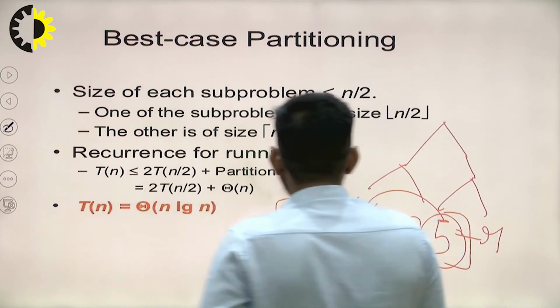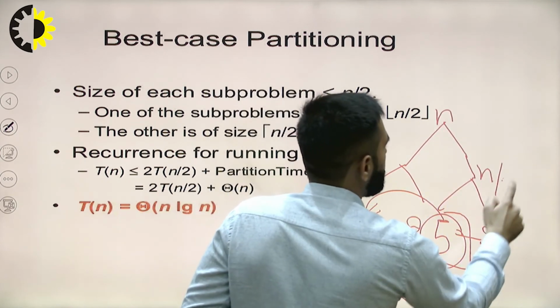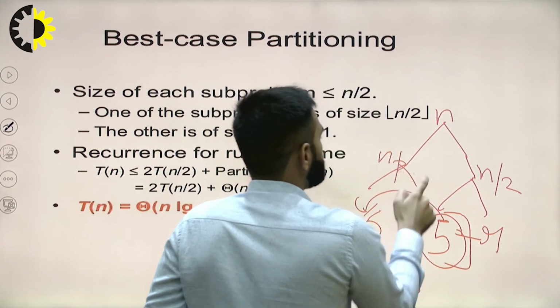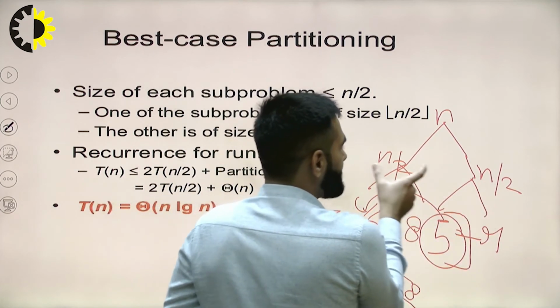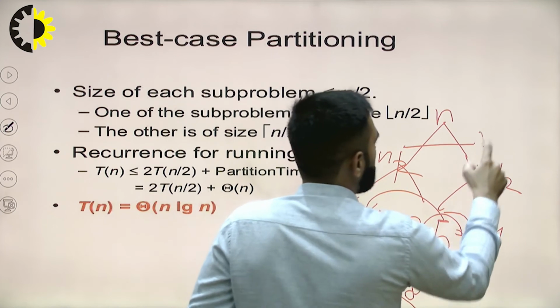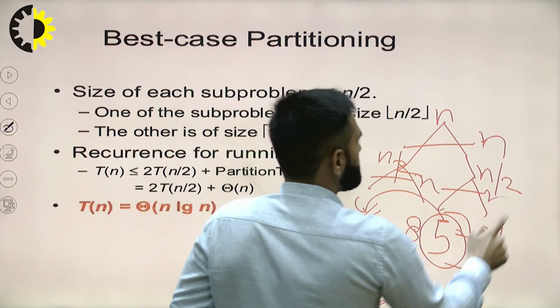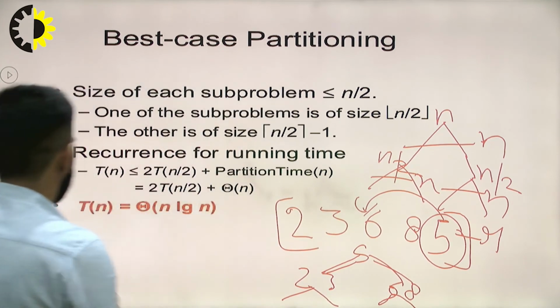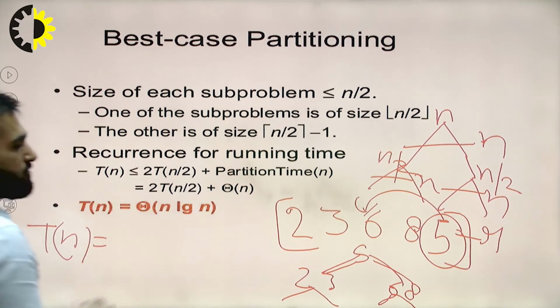Now see, the recurrence for this. See, this is n. It is n by 2. It is n by 2. Now it is not 0 here. It is not n minus 1. It is exactly n by 2, n by 2. And the dividing time is n. Now the recurrence is T(n) equals two recursive calls, 1, 1.